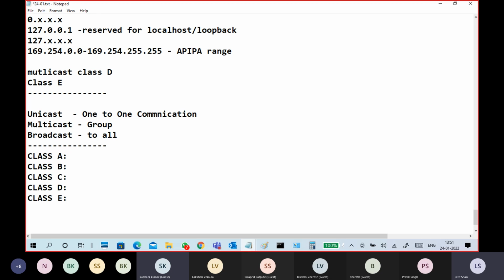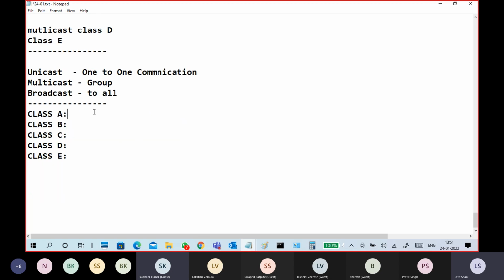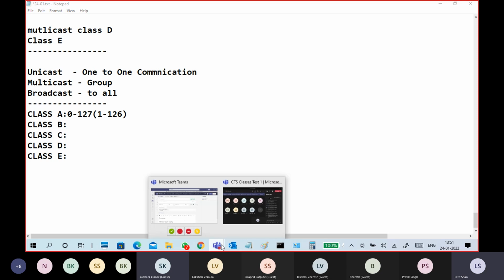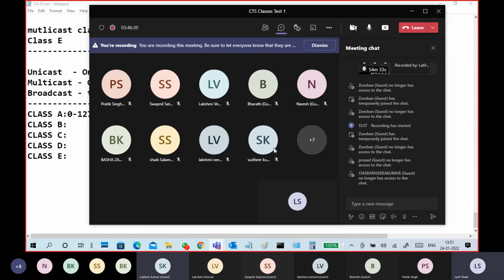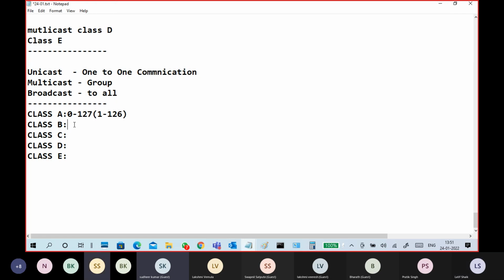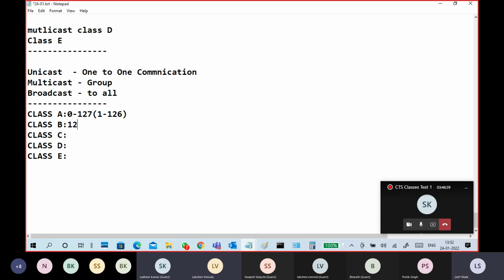So what is the class A range? 0 to 127, or 1 to 126. The class B range is 128 to 191.